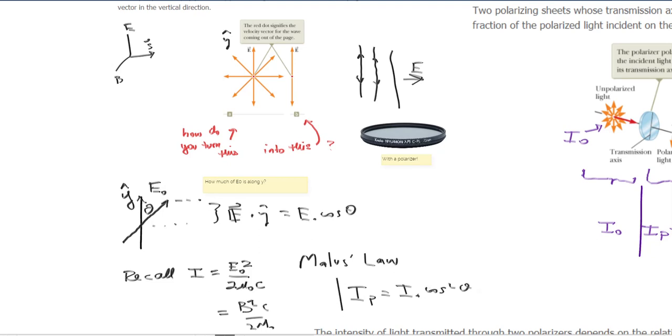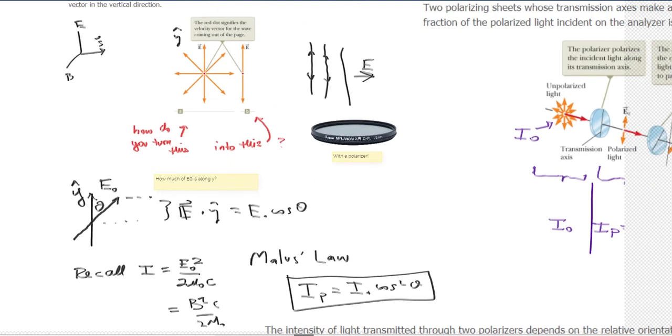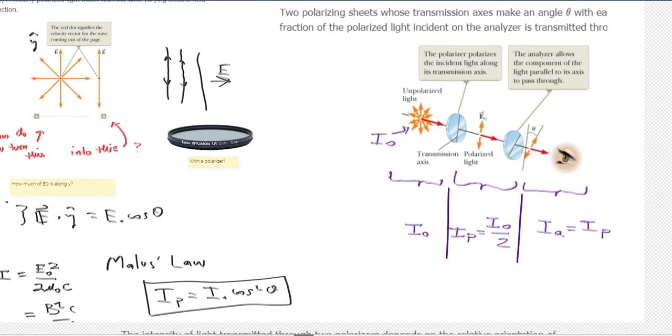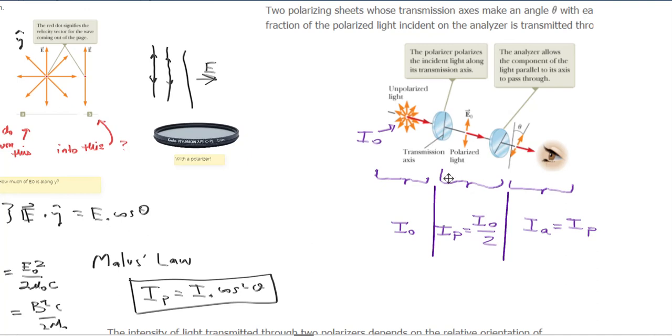So this is one thing to remember. The other thing to remember is in a situation like this, where all of our polarization problems are going to be like this. You have a polarizer that takes your unpolarized light and will transmit only light that's polarized in one direction.